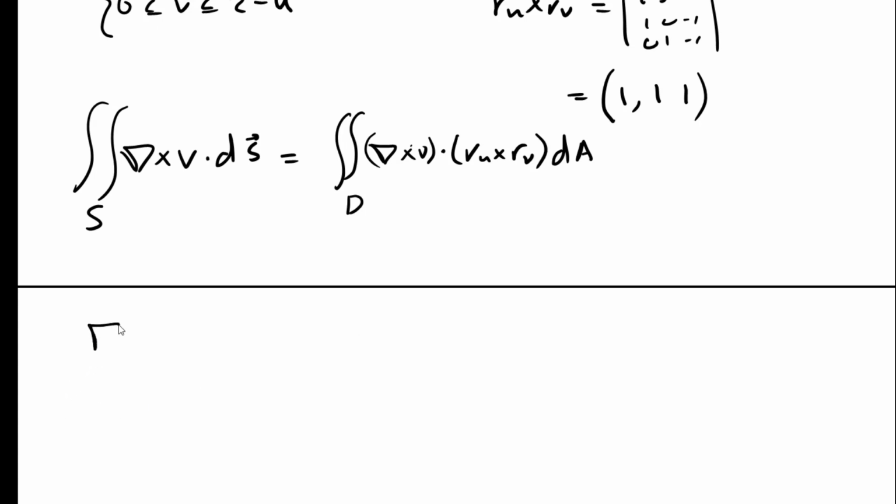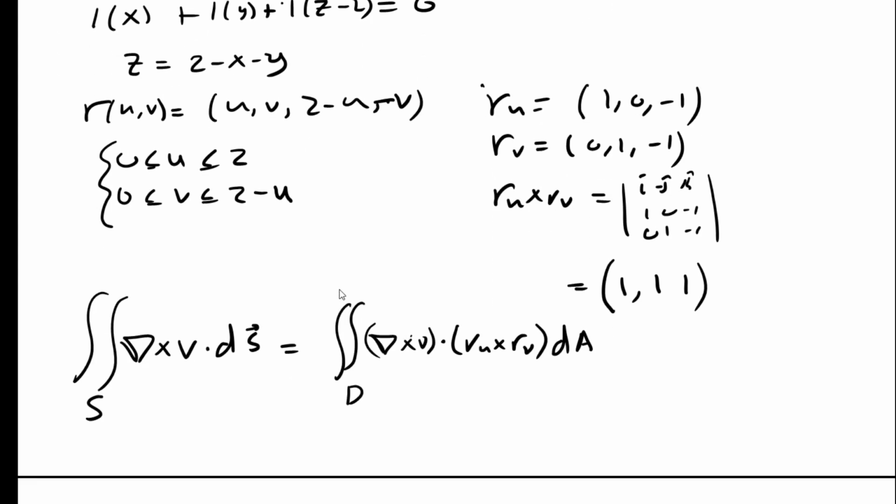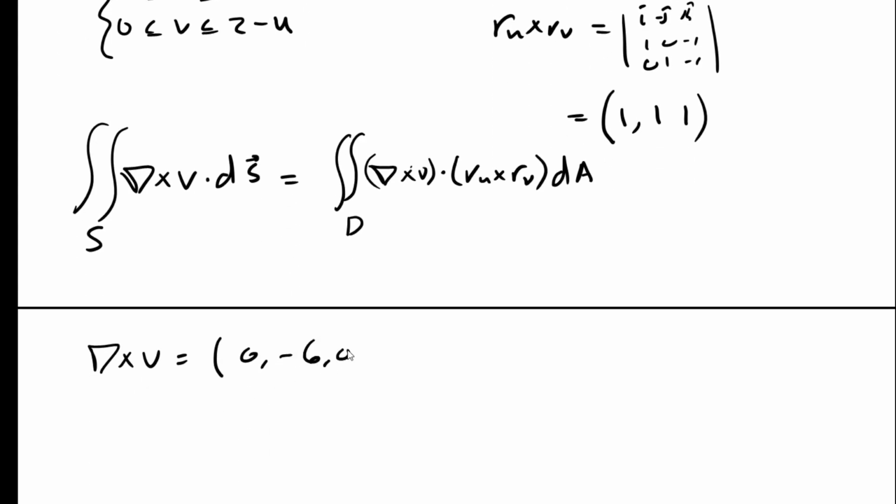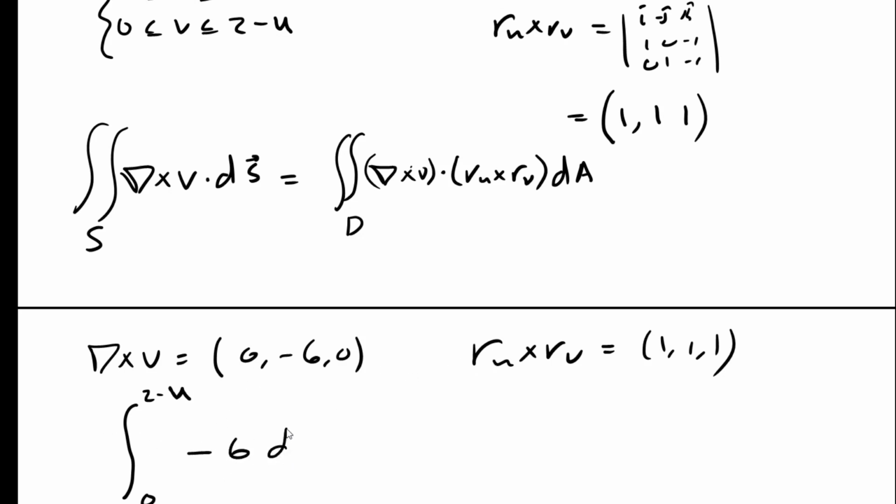Let's copy this down. We had curl V, which was (0, -6, 0). And we had r_u cross r_v, which is (1, 1, 1). So what we're integrating is, from 0 to 2 minus u, the dot product of this, which is just -6 dv, integral from 0 to 2 du.